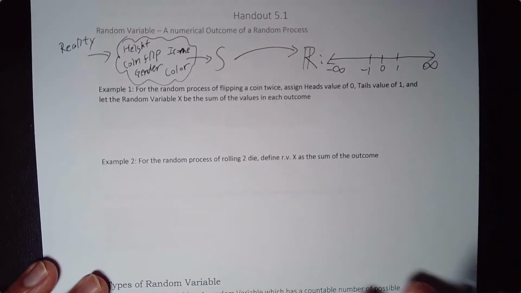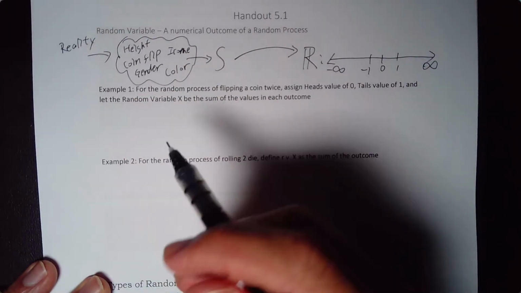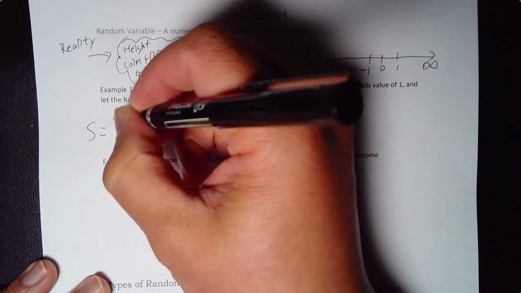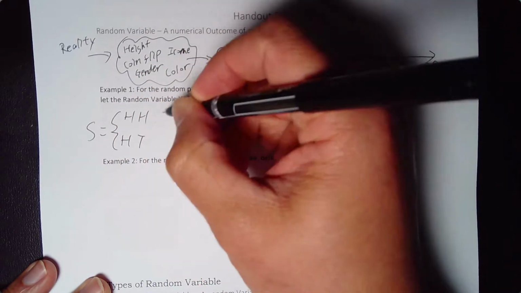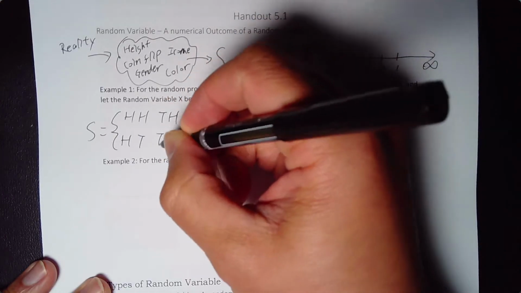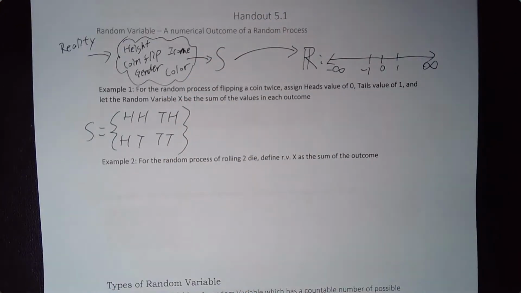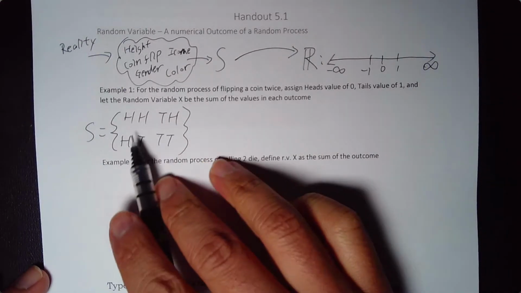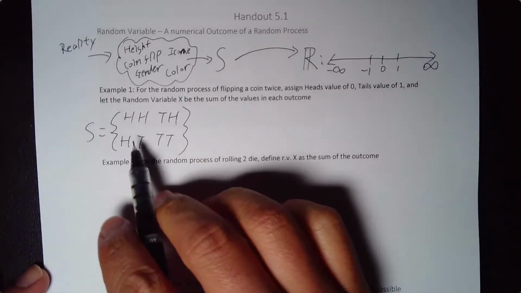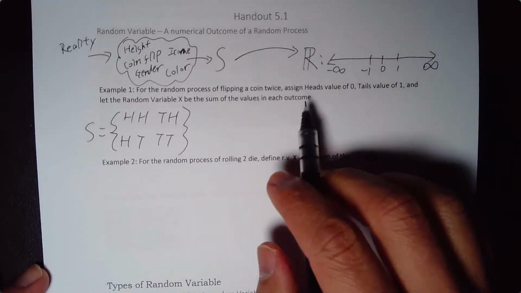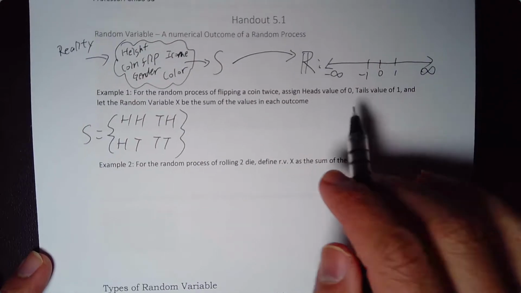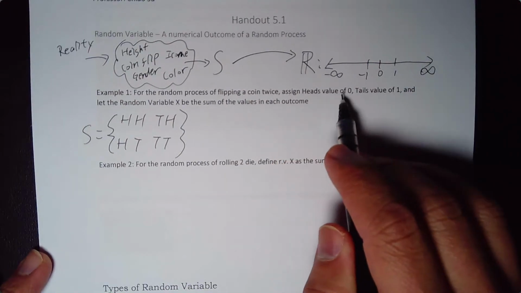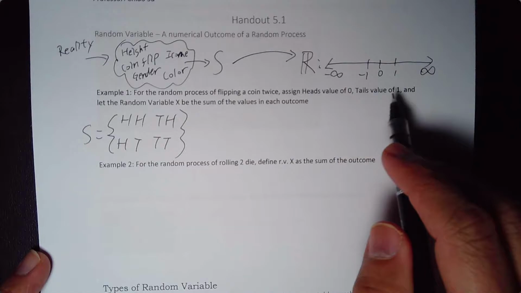So, for example, I have a random process here: flipping a coin twice. We've done this a couple times now, so let's write out the sample space. Okay, I have my sample space here. Physical objects. Now I want to convert them into numbers so I can do calculations, because I can't do calculations on coin flips. So I'm going to define this. It is up to the data scientist to define the numbers how you want.